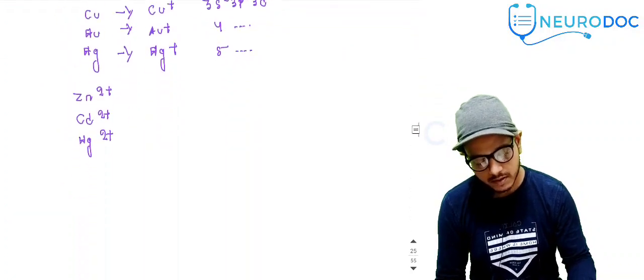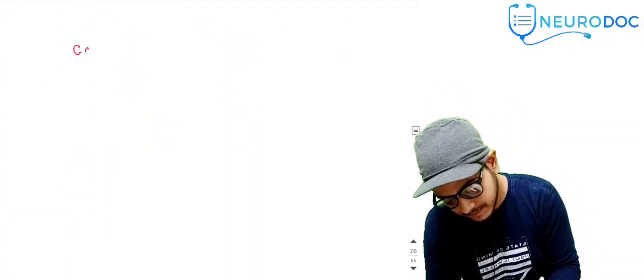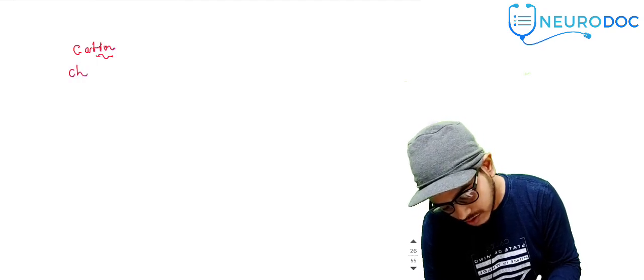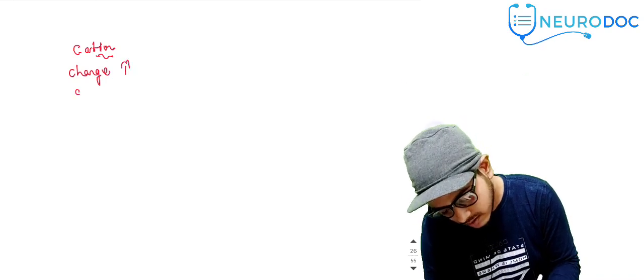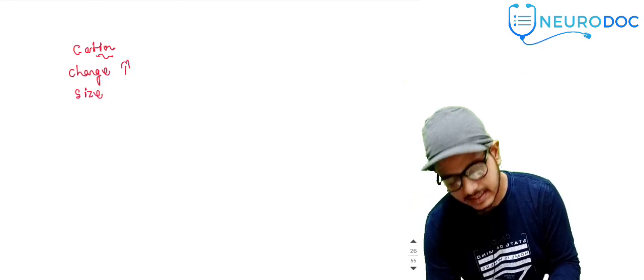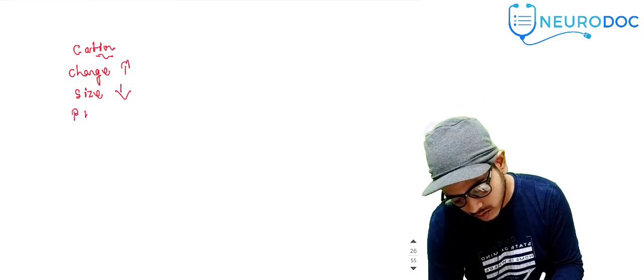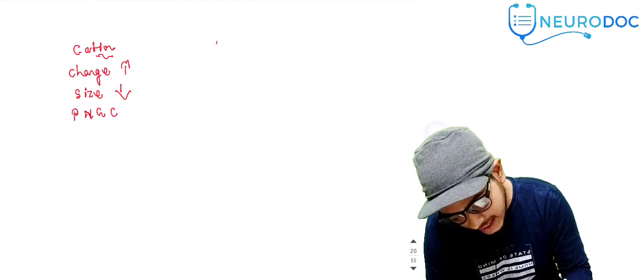So to sum up, what can I write? For cation: charge more, size less, and pseudo noble gas configuration.